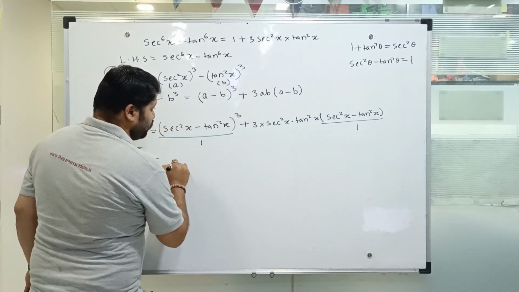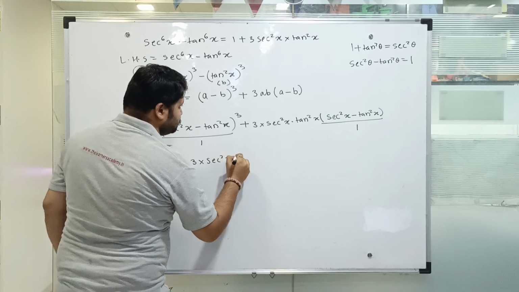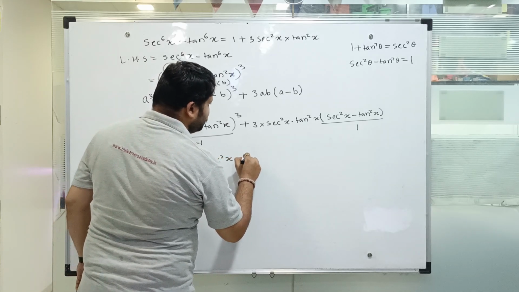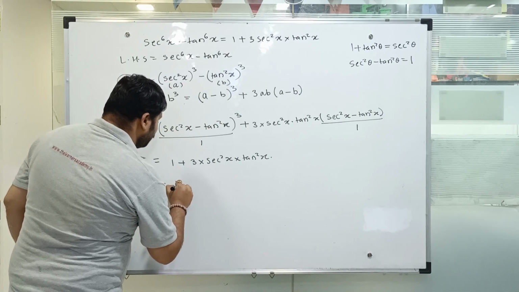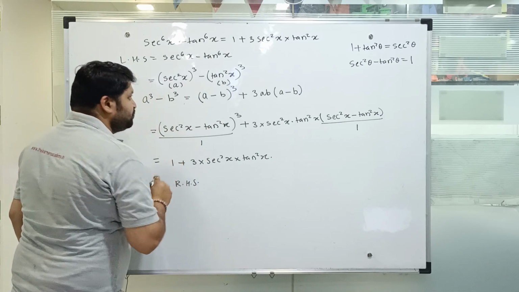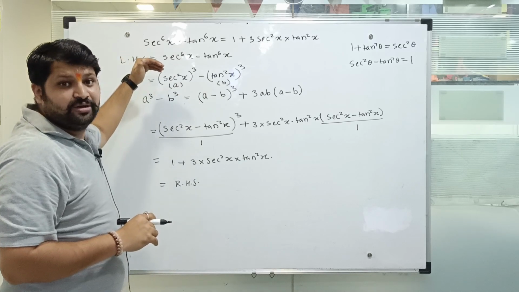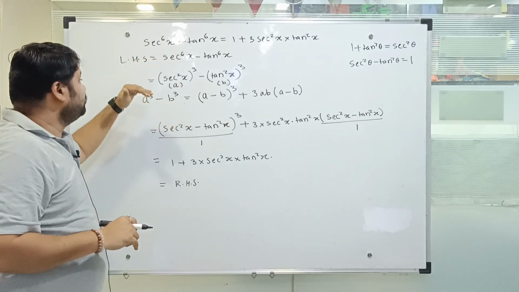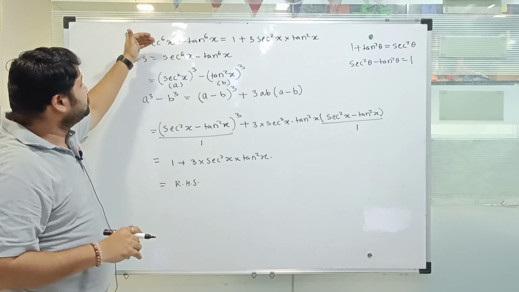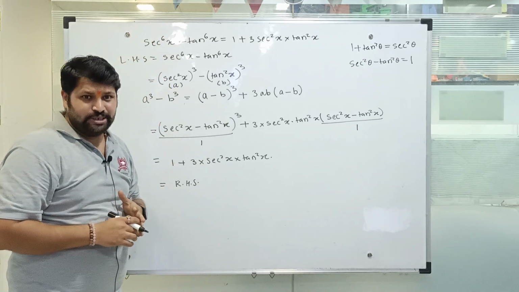So it would be 1 plus 3 times sec square x multiplied by tan square x, which is equal to my RHS. So if you had seen it, the sum looked pretty complicated. However, if you knew this particular identity and you got an idea of converting this to the power of 6 into the power of 3, it becomes quite easy.